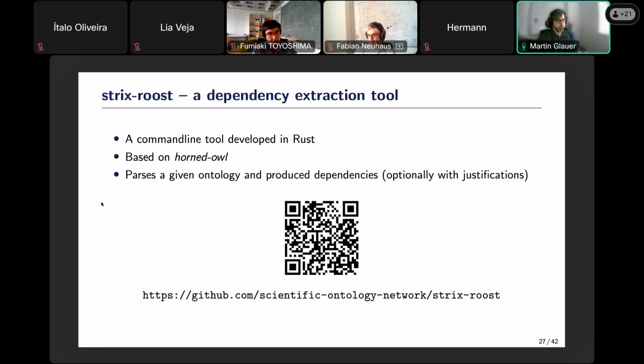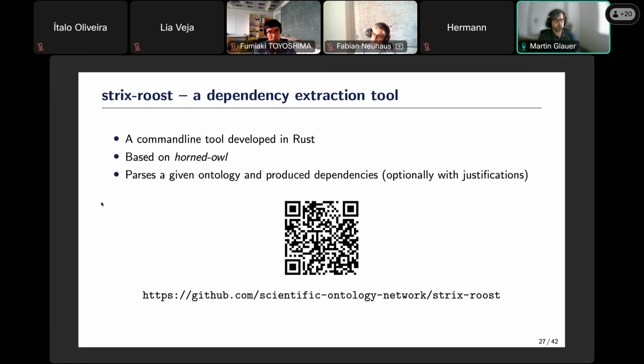And we took this syntactic calculus and implemented it in a Rust library called Strix Roost, which is based on the Python OWL ontology processor. All it does is, you give it an ontology, it parses said ontology, and it produces dependencies for you based on different notions of dependency.